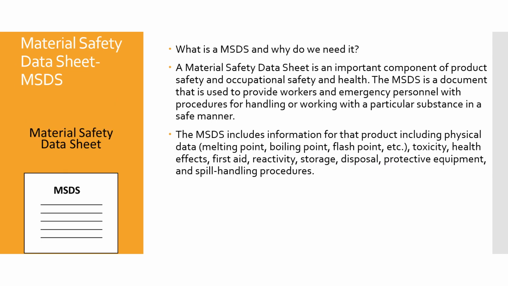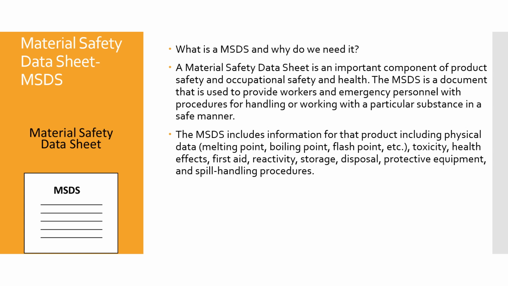What is an MSDS and why do we need it? A material safety data sheet is an important component of product safety and occupational safety and health. The MSDS is a document used to provide workers and emergency personnel with procedures for handling or working with a particular substance in a safe manner.